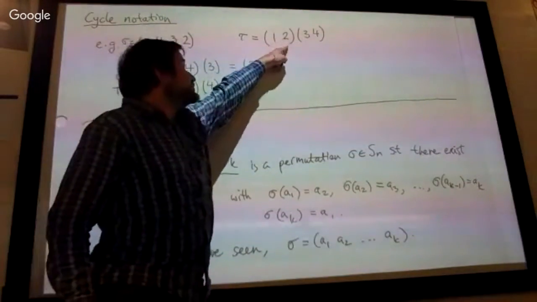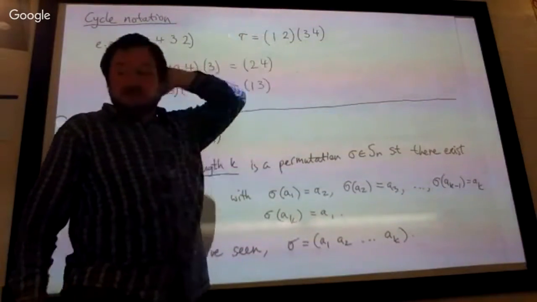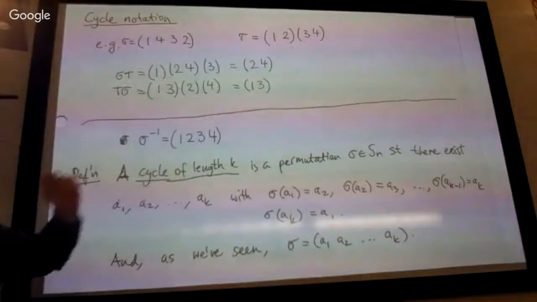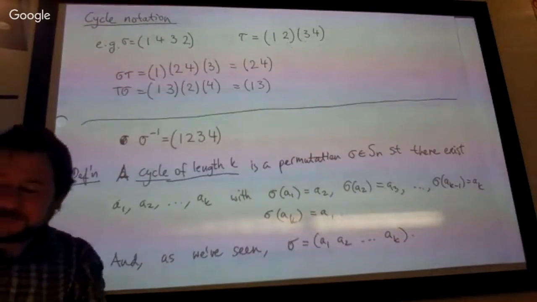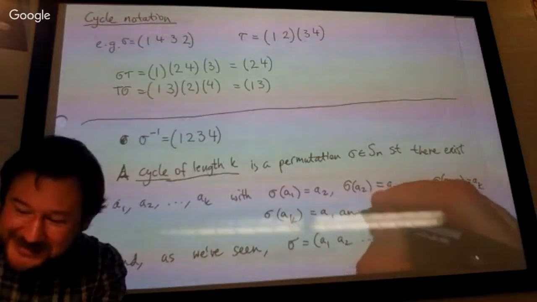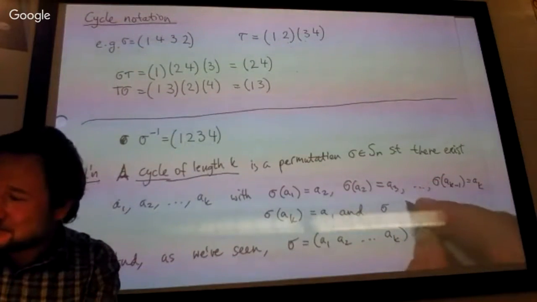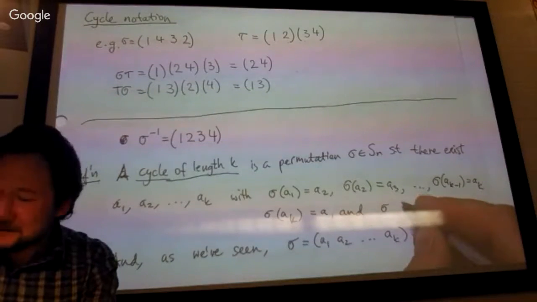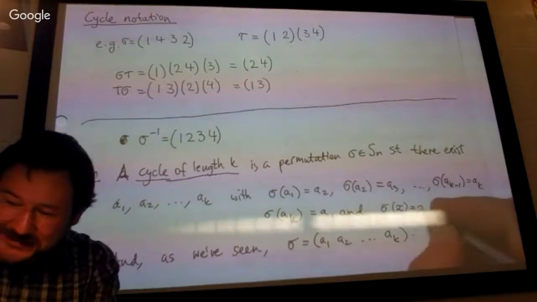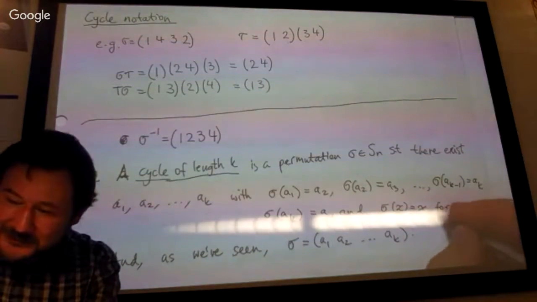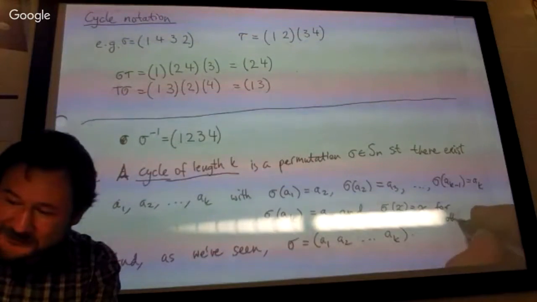Okay, 1 goes to 2, 2 goes to 1, and oh! It would be a cycle in my stupid definition, except sigma of x has to be x for all other x.